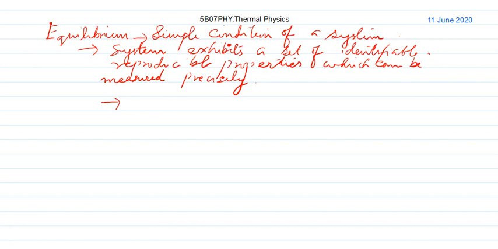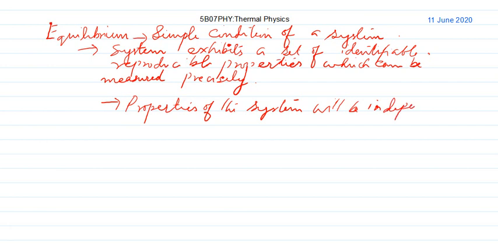Why can it be measured precisely? Because the properties of the system will be independent of time.